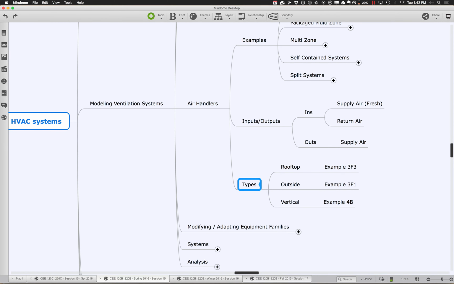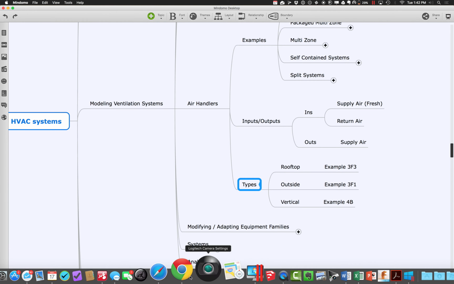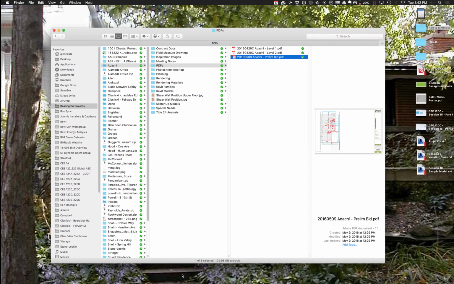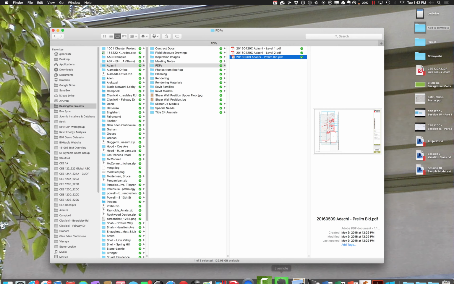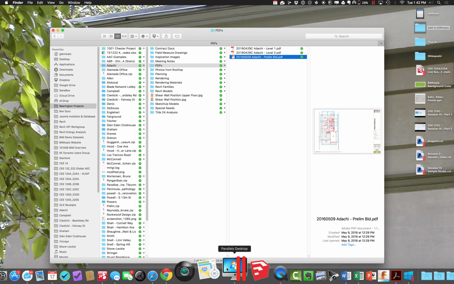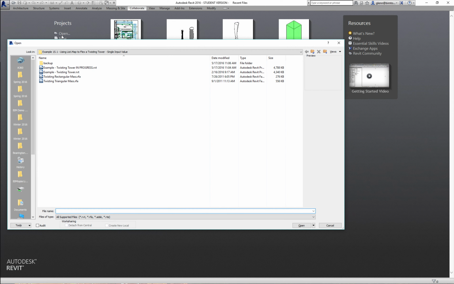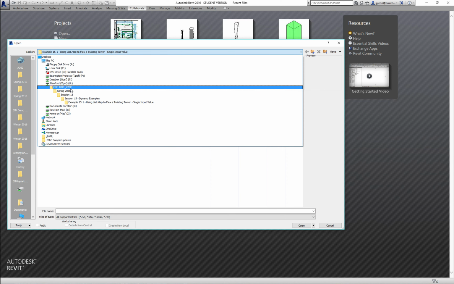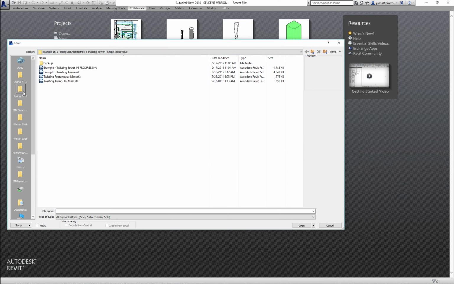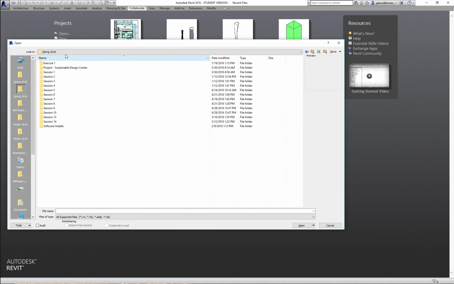For example, let's take a look at some of the air handlers that we have in these sample Revit models and see if we can find one that looks similar to what we would like. I'm starting with downloading the files that were in session 13, but they're also in the session 15 folder now, depending on where you want to find them.